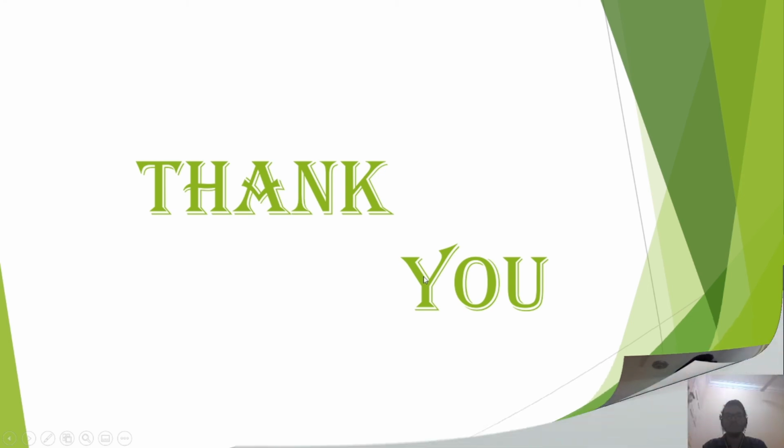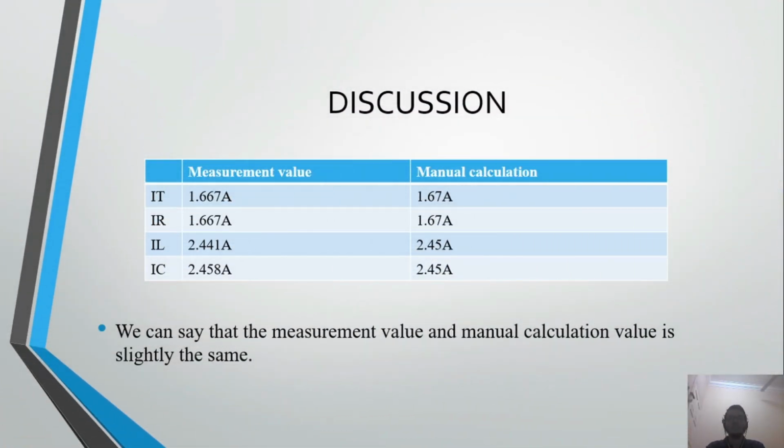Okay, thank you. Today I will talk about the discussion. The measurement values that we get from the simulation are IT 1.667 ampere, IR 1.667 ampere, IL 2.441 ampere, and IC 2.458 ampere.